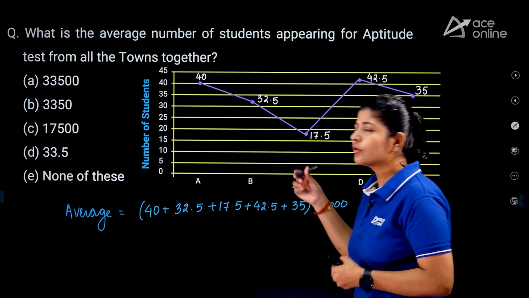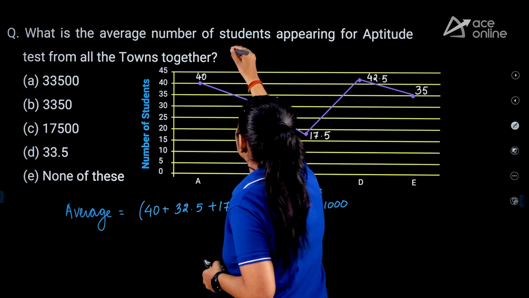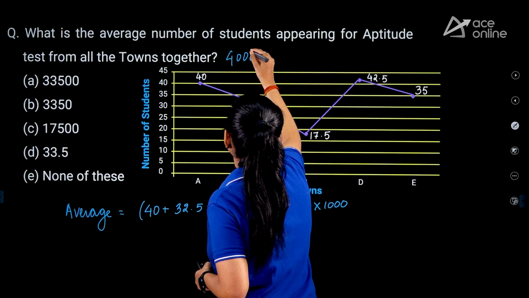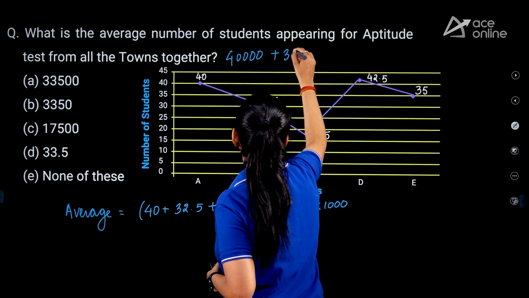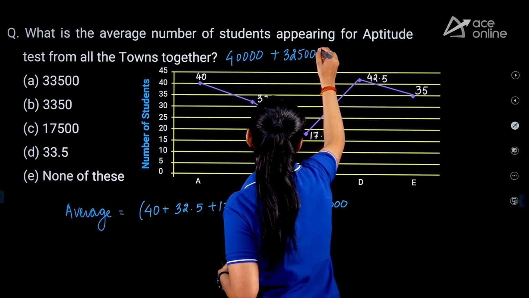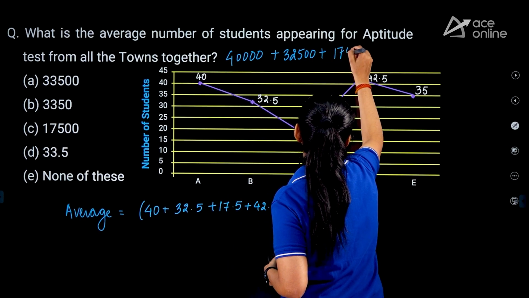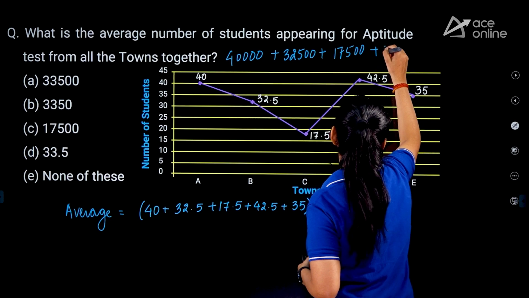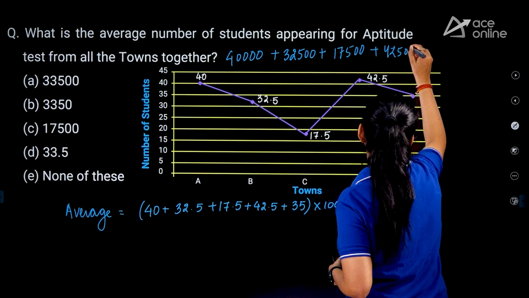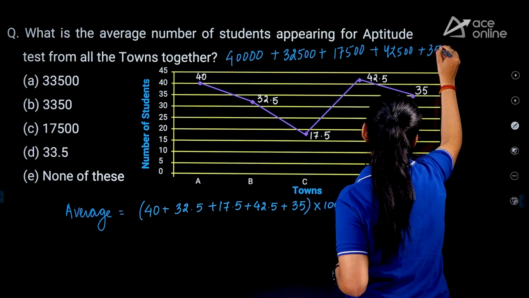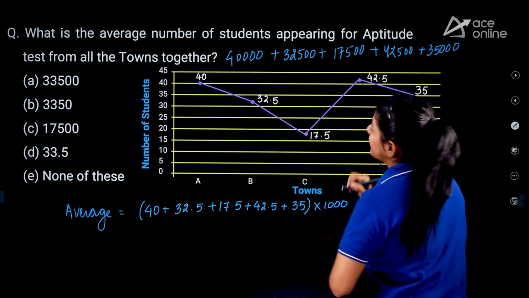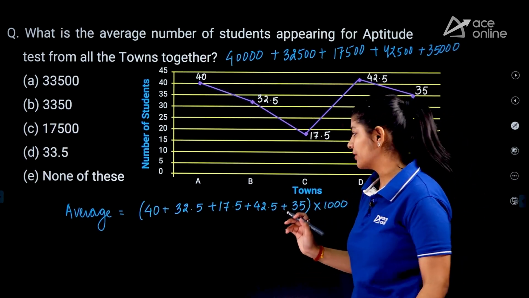Or you can also do one thing, instead of writing this you can write it like 40,000 plus 32,500 plus 17,500, 42,500 plus 35,000. You can also write it in this manner, it's completely your choice, right?